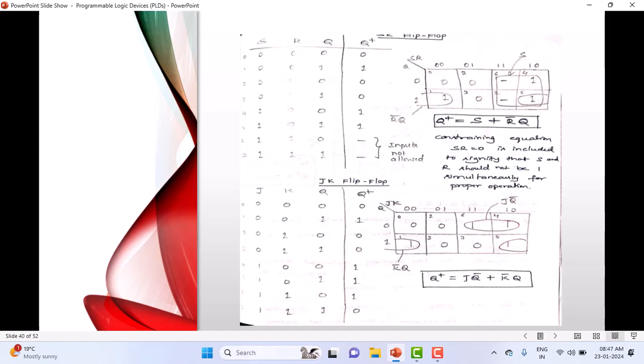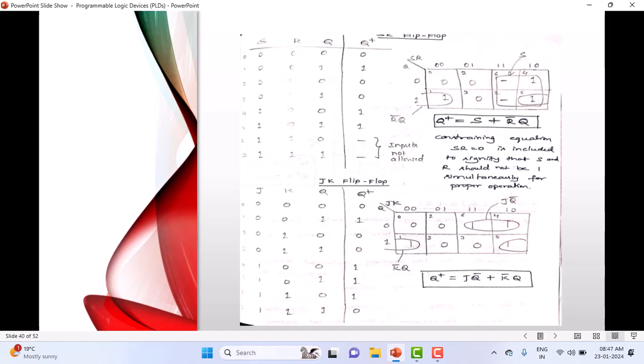You follow any one method. I have followed this method for module 3 because we are following a different textbook. Textbook to textbook, there is a change in the MSB and LSB representation. In module 1, we followed the textbook in which the LSB was at the top and the MSB was at the bottom, below the diagonal line.